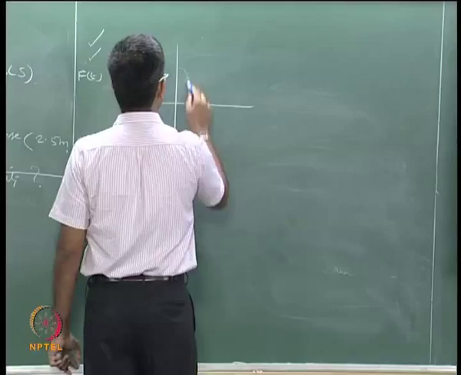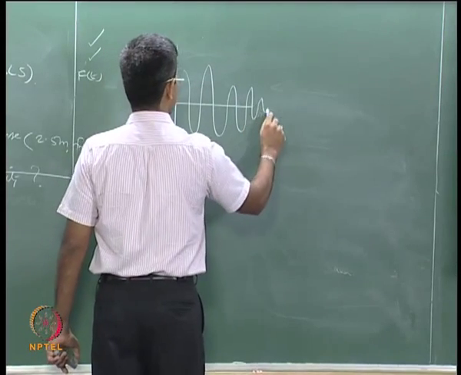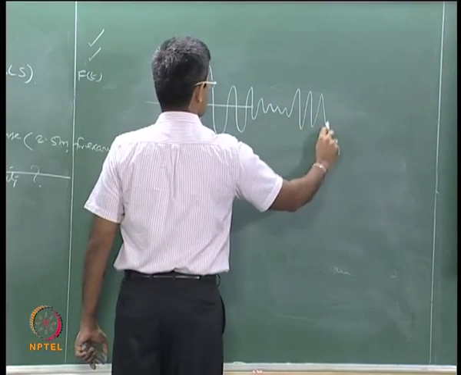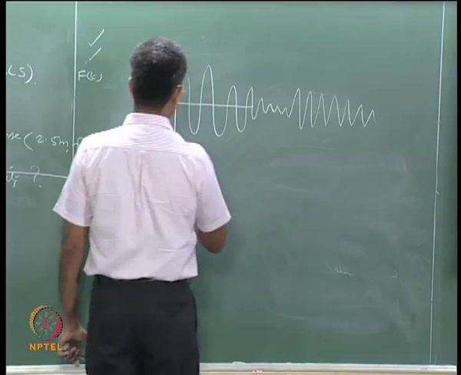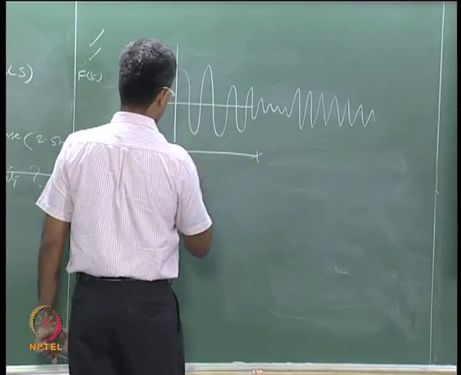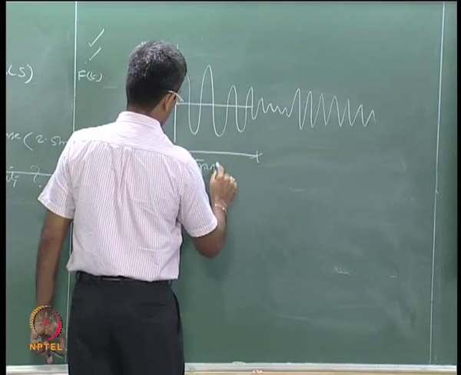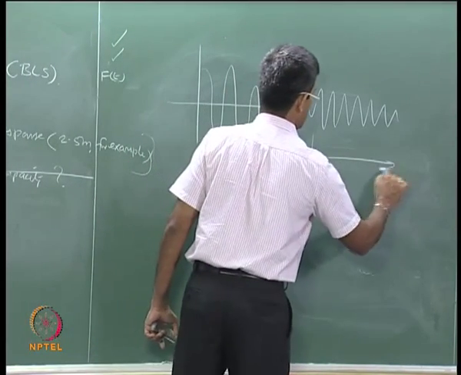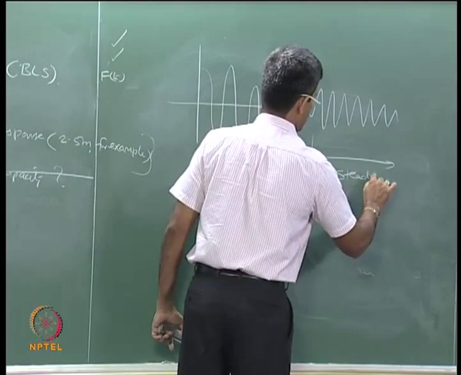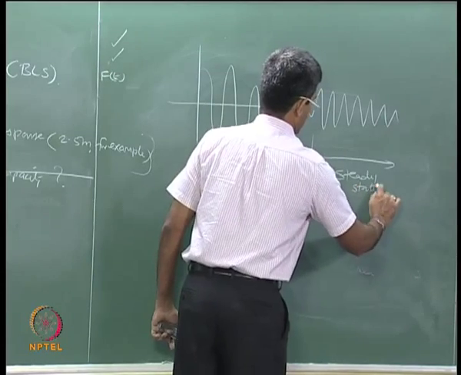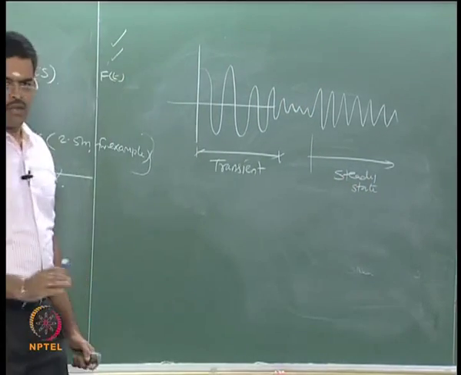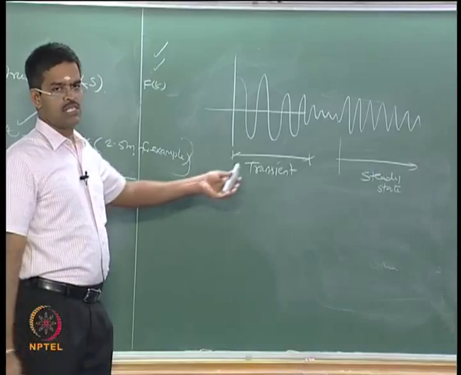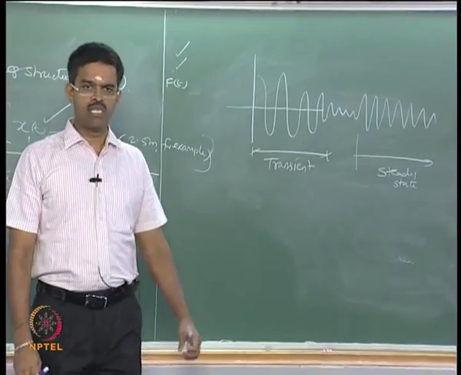So initially it can be a transient response, and then of course it can be a steady state response. We already saw categorically the difference between the transient response, steady state response, and single degree of freedom system analysis in the last module.